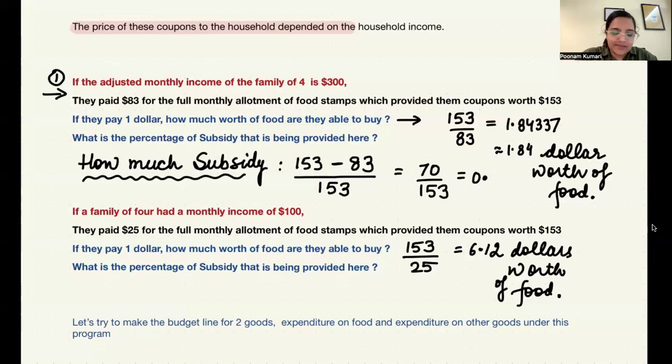But 153 never actually went out of your pocket, right? Yes, ma'am. Then why are you considering 153 as the cost? Ma'am, the original cost, as we were talking about. The market price is 153, ma'am. Just a second.